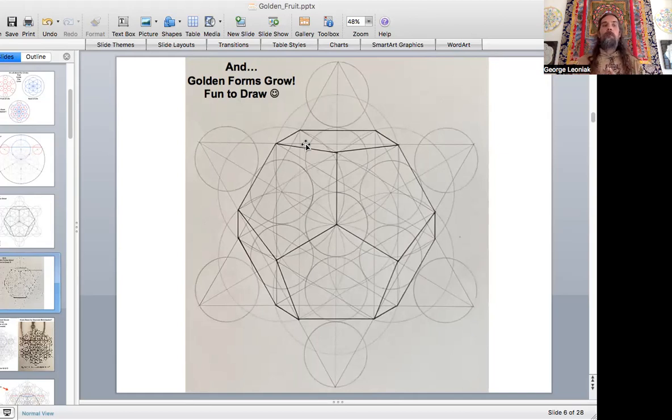And we'll even draw Metatron's Cube and focus on the cube and the octahedron and the cube octahedron within that, rather than try to put the golden ratio forms. But with this pattern, we do have the 13 circles all being necessary for the construction.